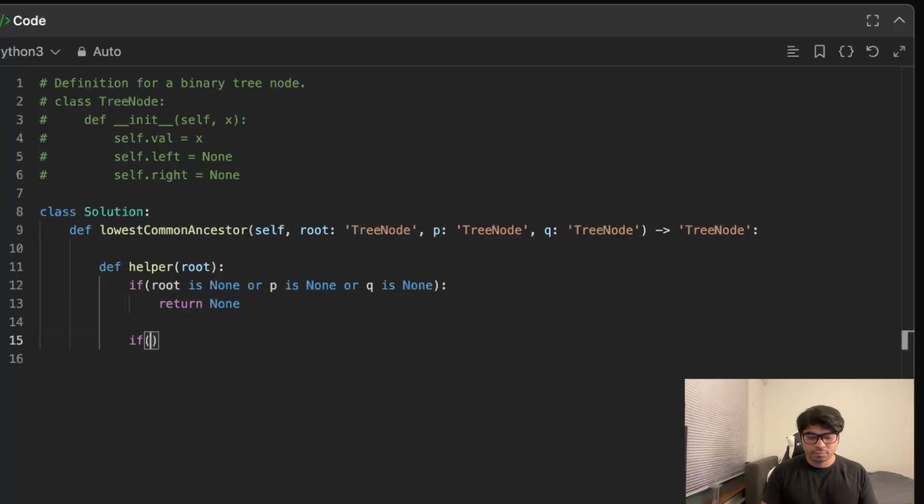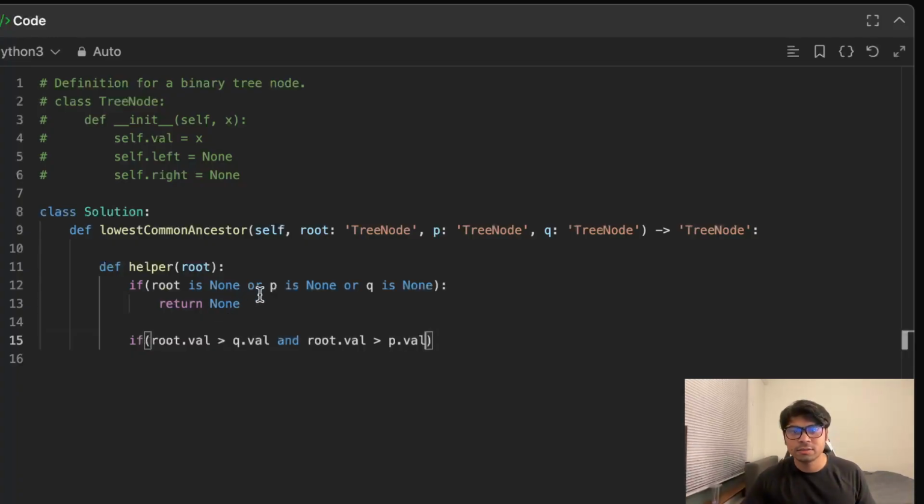If my root dot value is greater than p dot value, and my root dot value is greater than my q dot value.